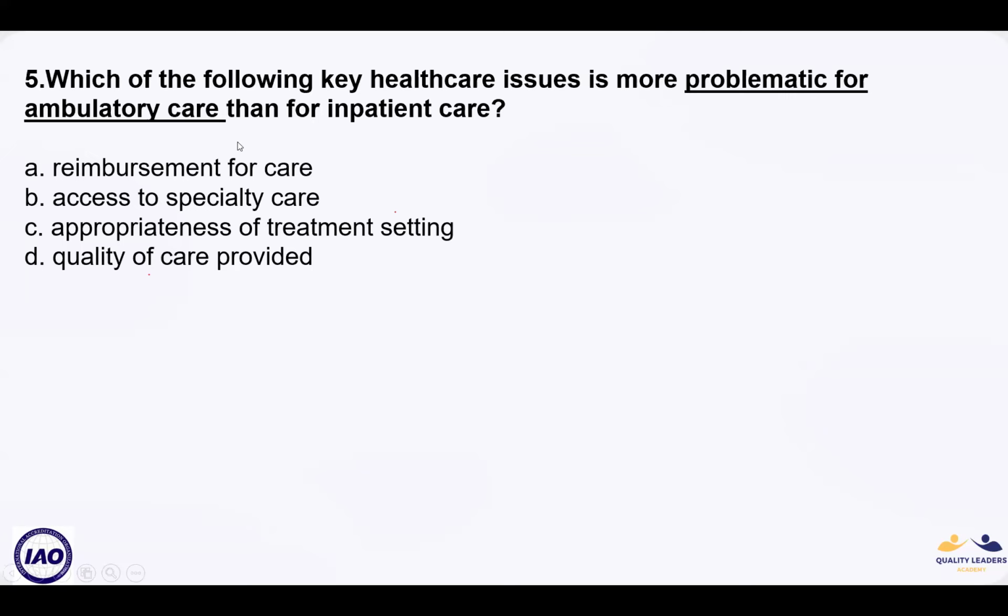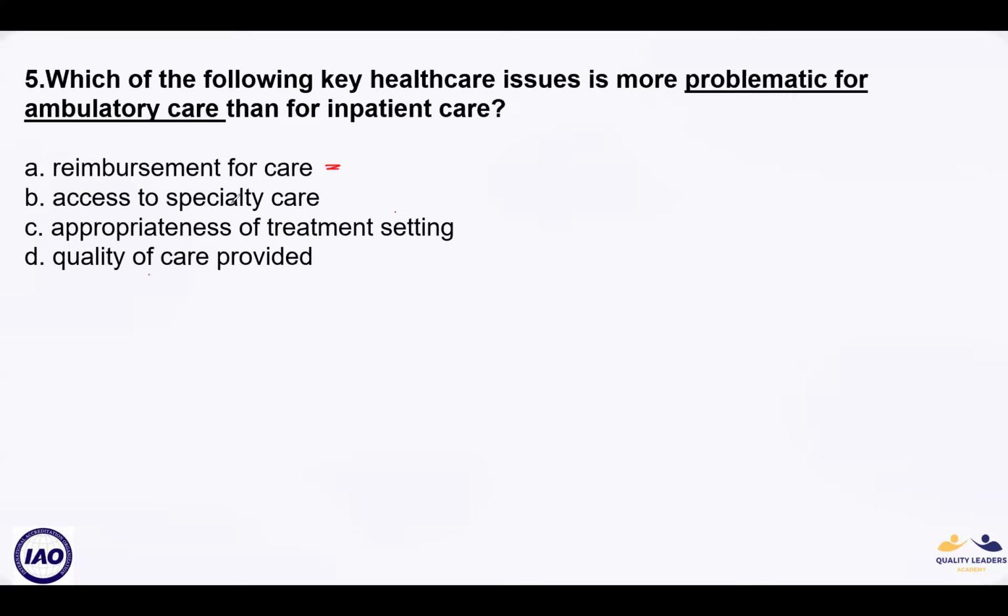So coming to the options, is it reimbursement for care? Reimbursement means both OP and IP, hospital and ambulatory settings, both will fight the payers. Both hospitals have billing departments and both will have similar issues, right? And now coming to access to specialty care, yes, outpatients here struggle a bit.